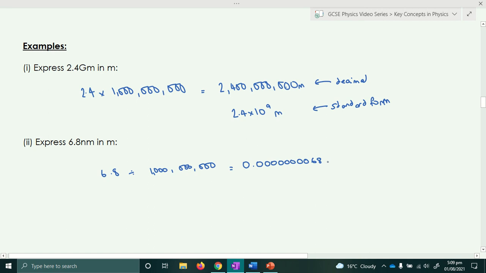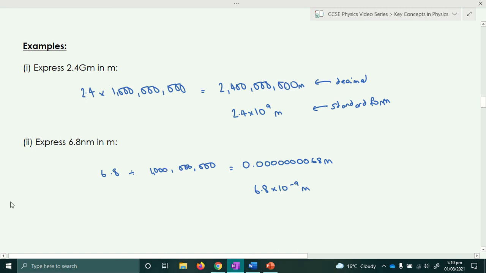Okay, and there we go. This is the decimal form. We wouldn't usually write that. We would write 6.8 times 10 to the minus 9 meters. We'll have a look in a later section how you can convert between decimals and standard form, but I'll leave it as that for now.